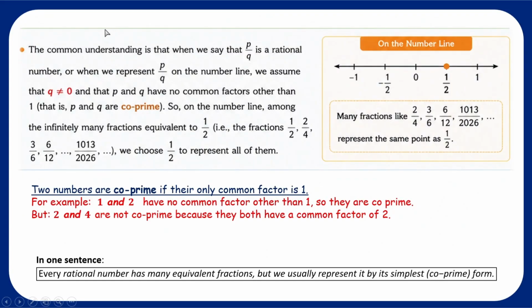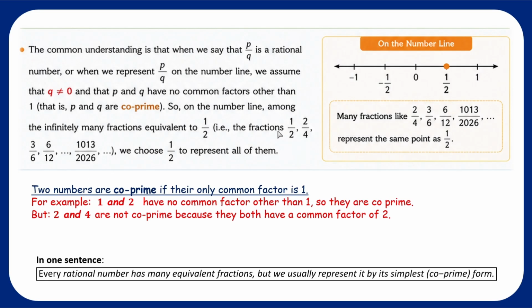The third observation is that the common understanding is when we say that p over q is a rational number, or when we represent p over q on a number line, we assume q not equal to 0, the denominator shouldn't be 0, and that p and q have no common factors other than 1, which means they are co-prime.